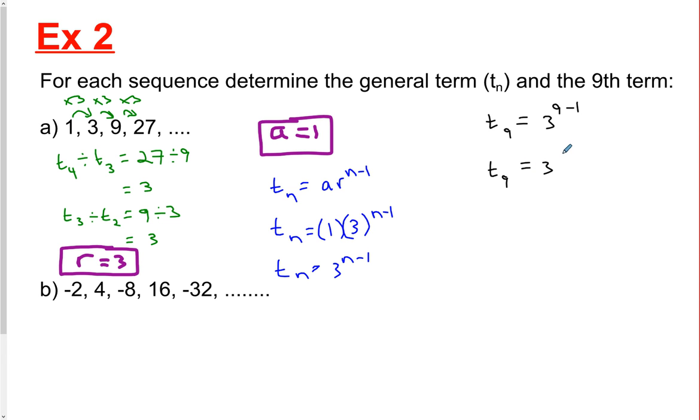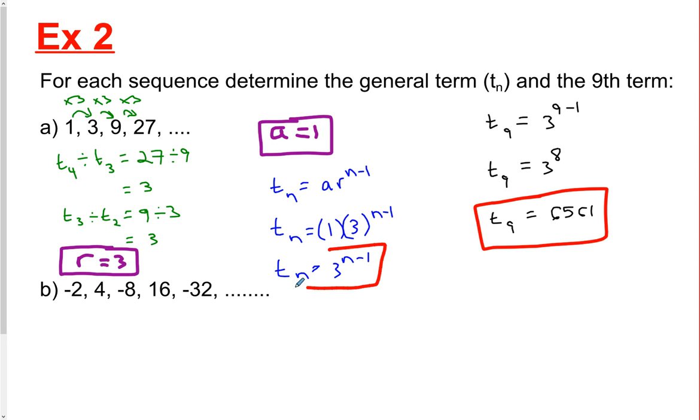So that's going to end up being 3 to the 8. And 3 to the 8 is, if I plug that into my calculator, 6,561. And I'll put a nice little box around my final answer there, and around my general term there, because that's what the question asks for.